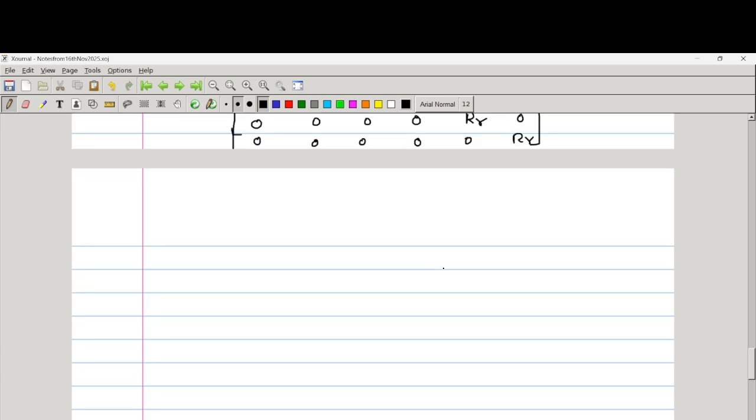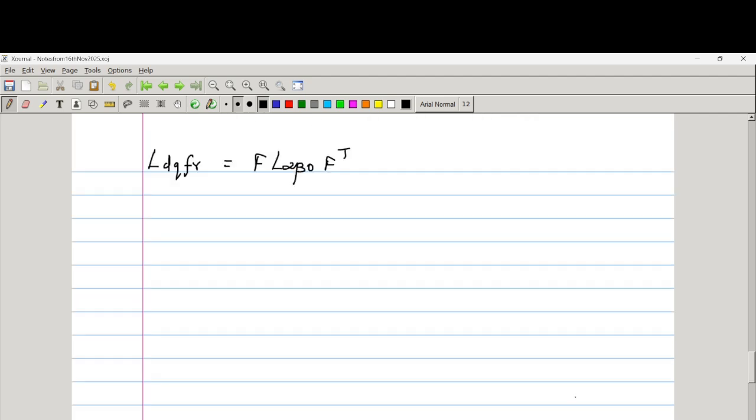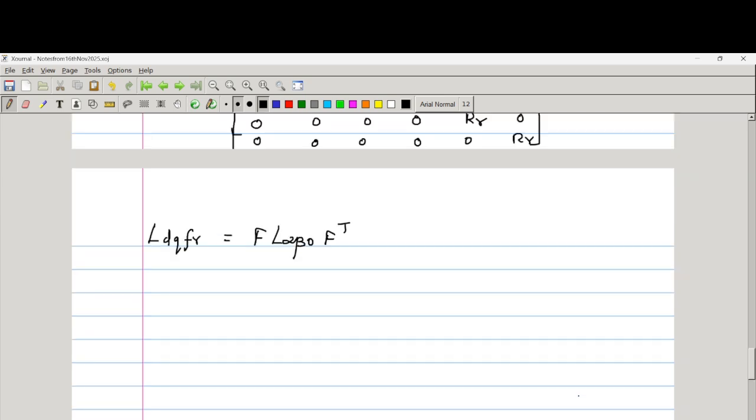Similarly, when we do this further for the matrix of L alpha beta, L DQ F transpose, DQ F R, right? So when we do this, L DQ FR is nothing but, already we know, F L alpha beta naught F transpose. So from this we can have this, as we already know what is H, this F matrix.